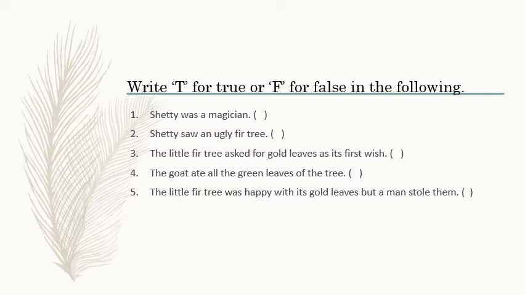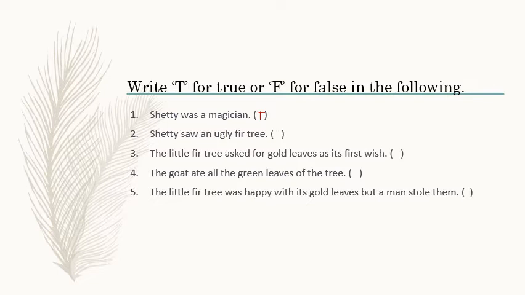So the first question we have: write T for true or F for false in the following. Number 1, Shetty was a magician. As we have read the story, we know that it is absolutely true that Shetty was a magician. Now number 2, Shetty saw an ugly fir tree. Did he see an ugly fir tree or something else?